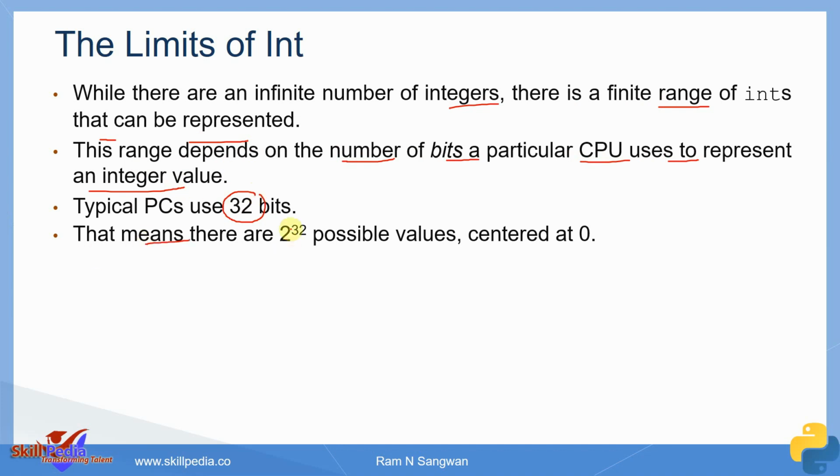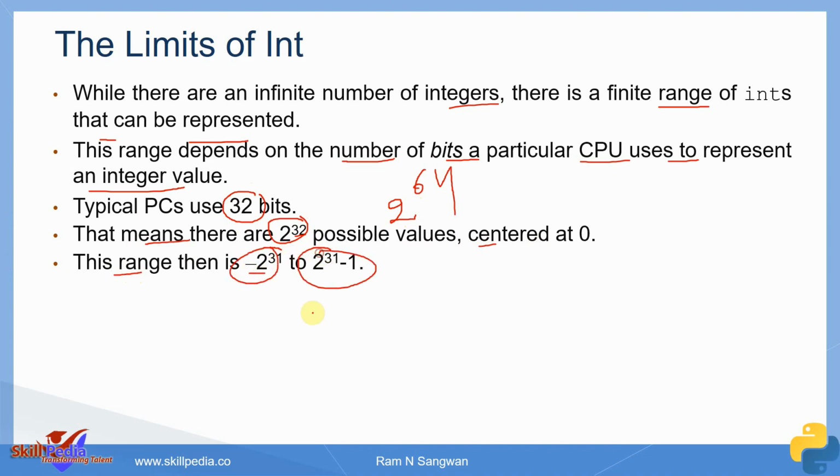That means in today's scenario you will have 2 raised to power 64 possible values. With a 32-bit CPU, values were starting from 0 to 2 raised to power 32 minus 1. This range is then minus 2 raised to power 31 to 2 raised to power 31 minus 1. Why is that one value reduced here? Where is this one value gone?